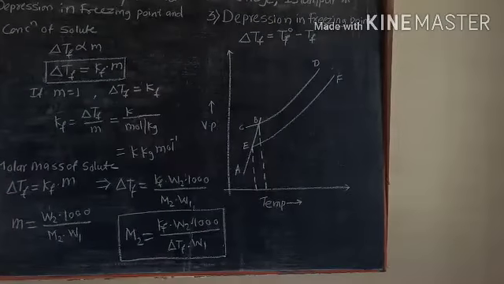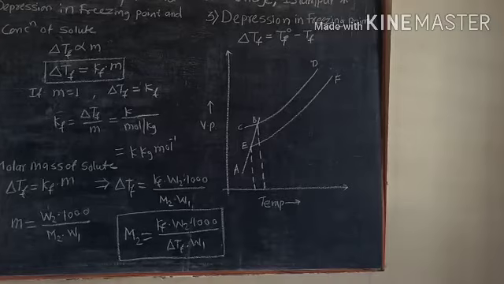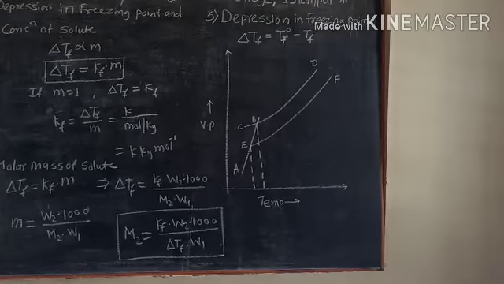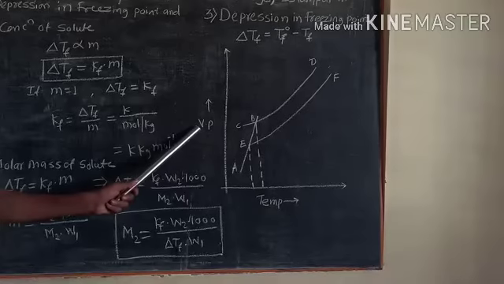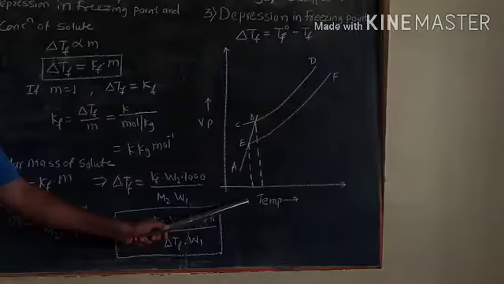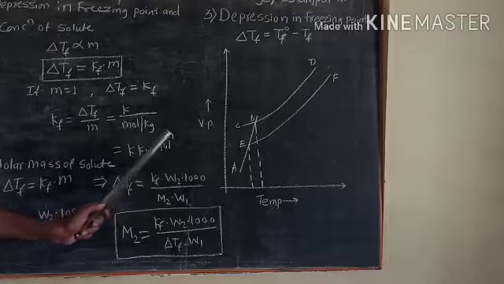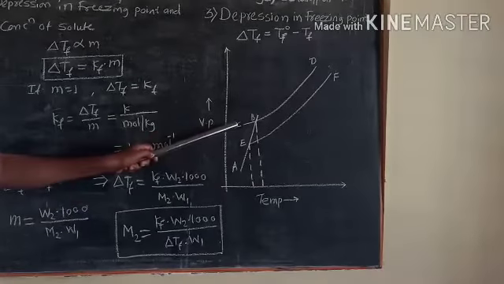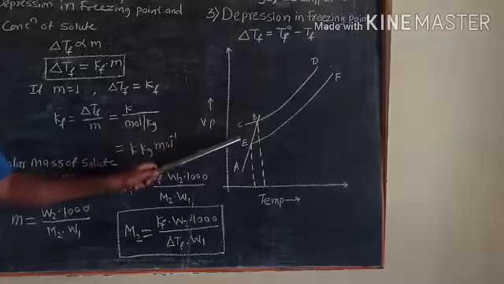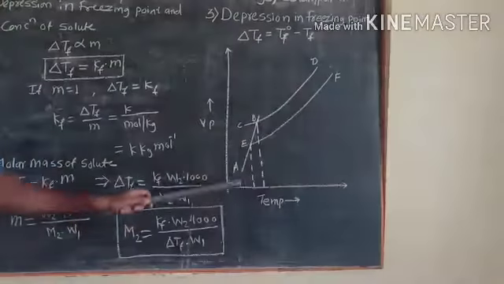Then the graphical representation of the depression in freezing point. For this, we can plot the graph of vapor pressure and temperature. In this graph, there must be three curves: one is AB, second is CD, and third is EF.